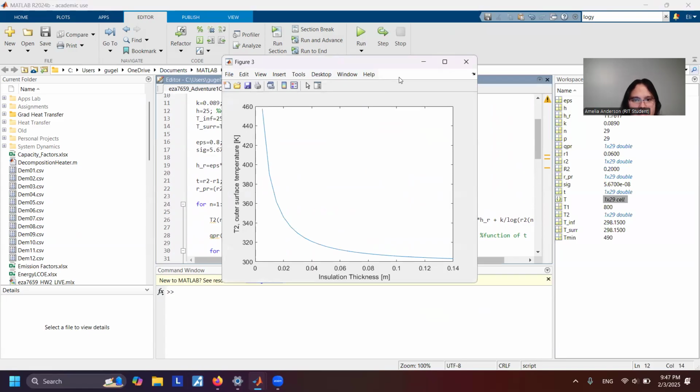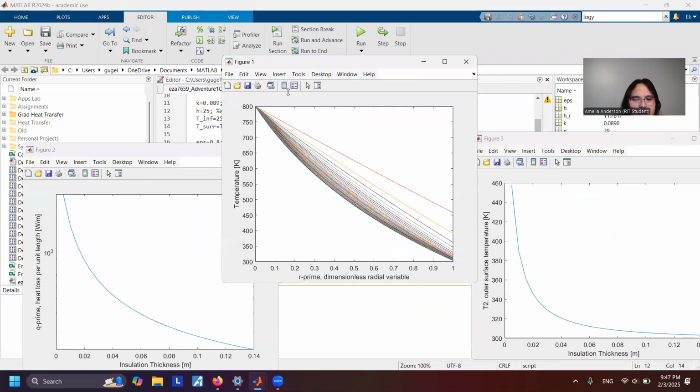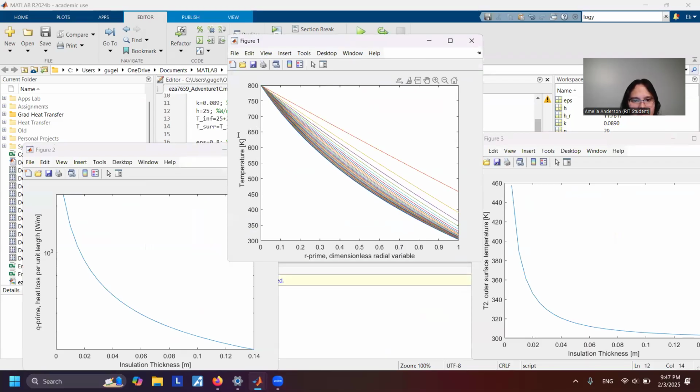We've got our three figures. Here in the front, we've got our temperature profile as a function of R prime. From 0 to 1, this one here is the one with the least insulation. As you see, as we add more insulation, the curve becomes more and more like an inverse exponential, or a negative exponential.